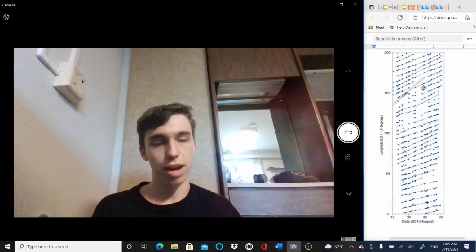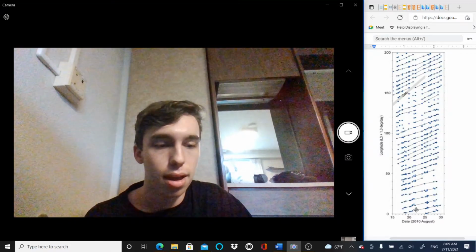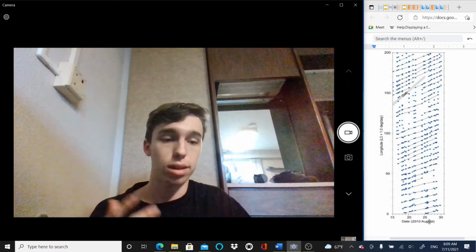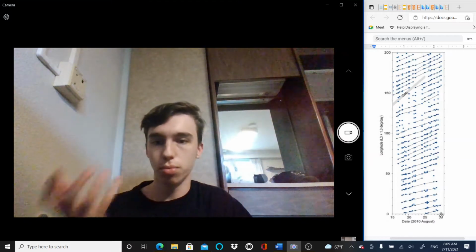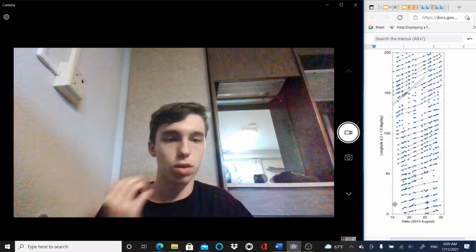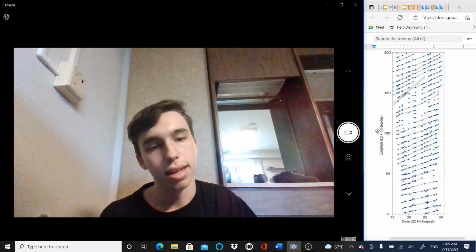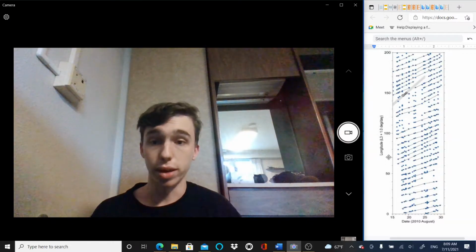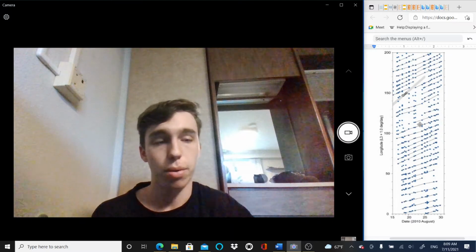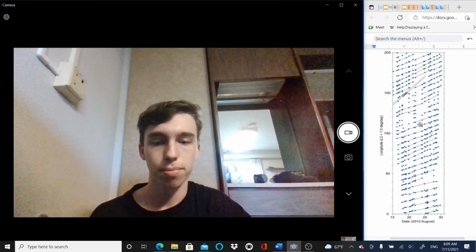But some things this graph does well is, well, the axes are well labeled. So for the horizontal, we get a sense that it's showing something over time. And then we get the longitude or the degrees per day at which the cloud features are moving.